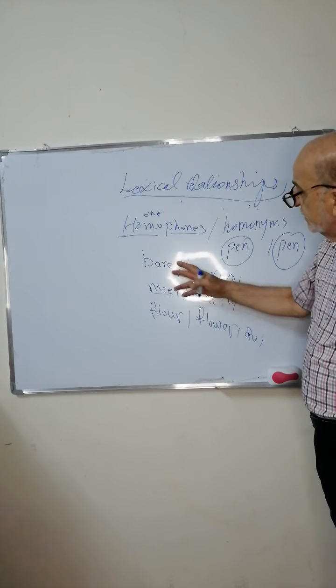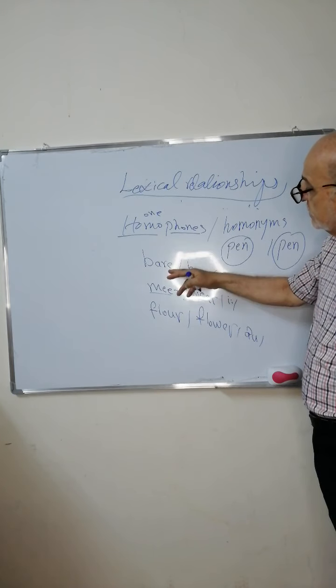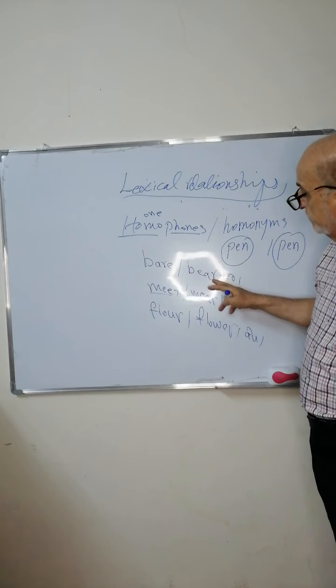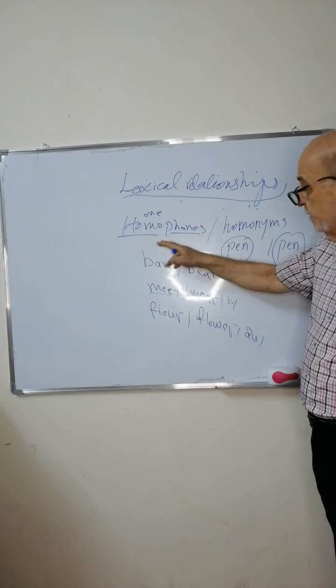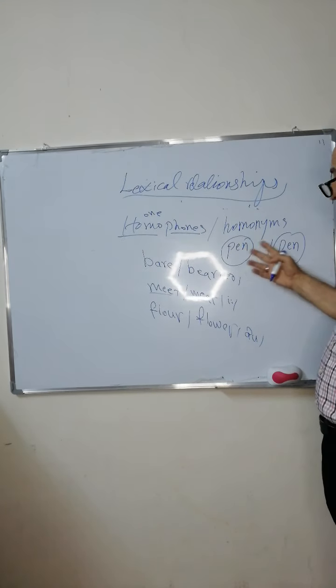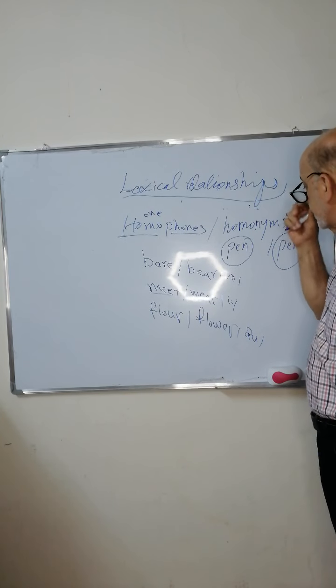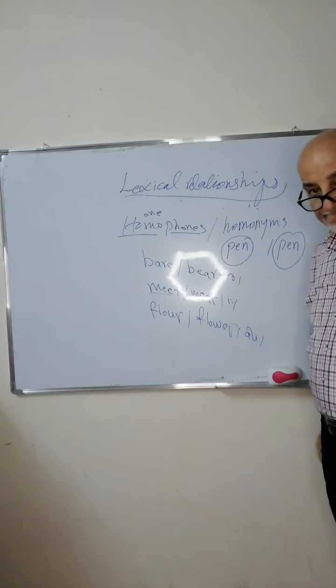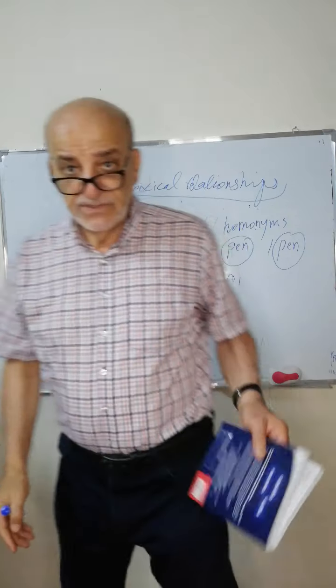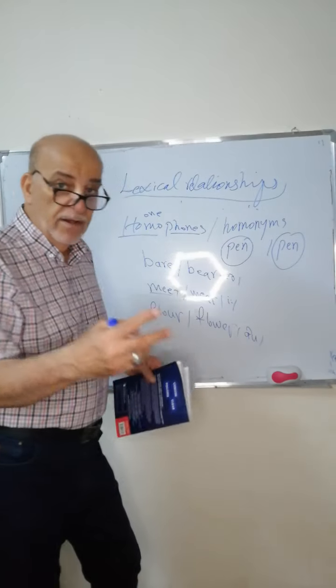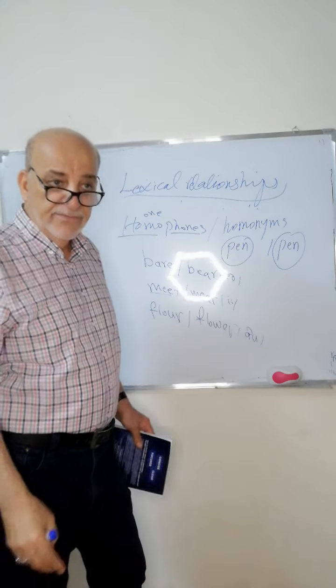But here there is a difference. Here they are related in terms of different spelling, the same sound. Here we have the same spelling, the same word, the same pronunciation, but they are different.